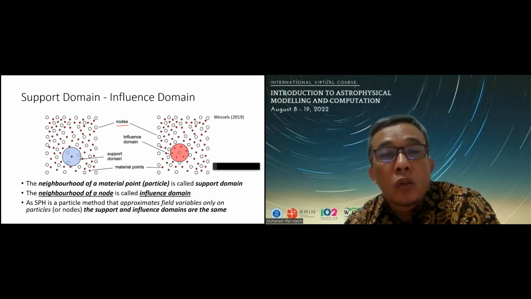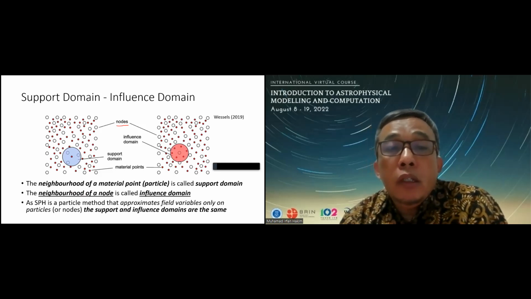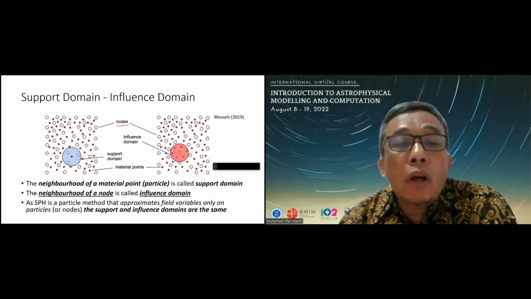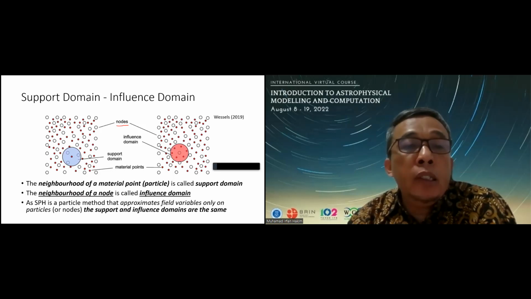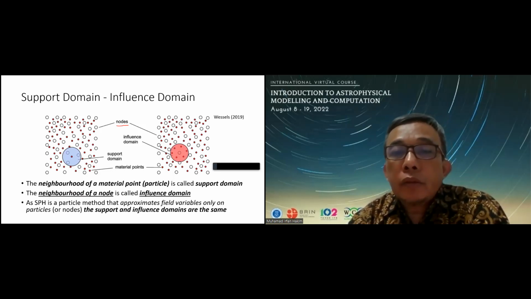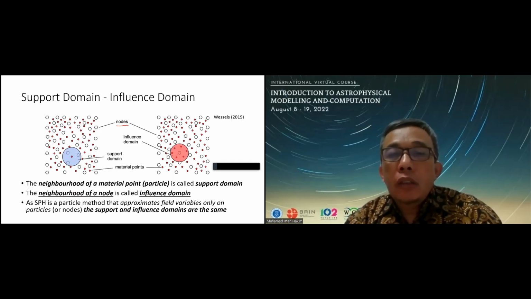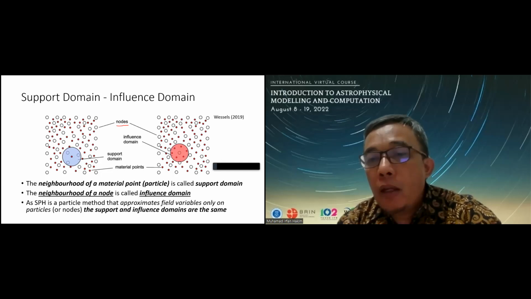Influence domain is a neighborhood of a node here, but not filled with a particle. Okay, this is a very important note here.